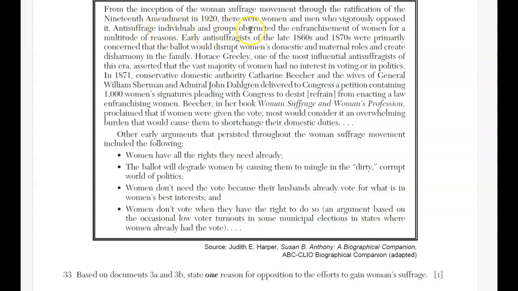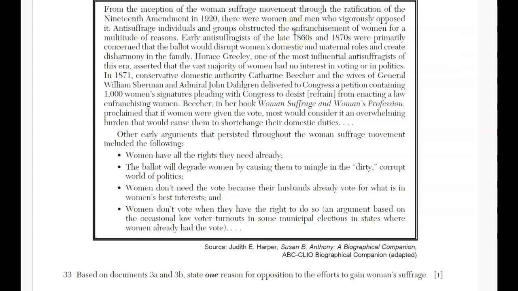Anti-suffrage individuals and groups obstructed the enfranchisement of women for a multitude of reasons. Don't forget this word here. Suffrage is the right to vote. So is franchise. The franchise, as it's called, is the right to vote. Again, another old-fashioned word.